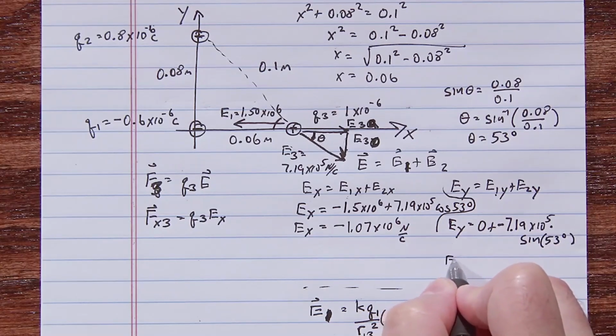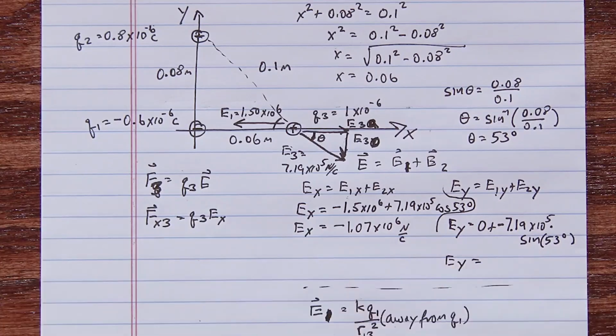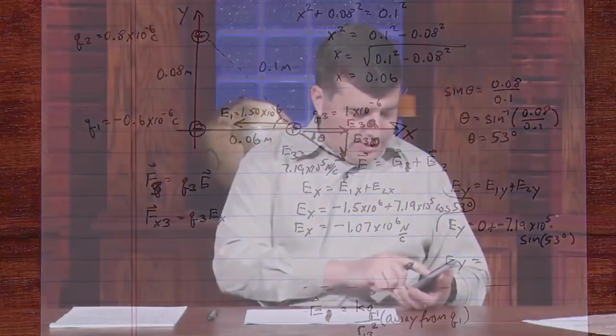And so Ey is going to be negative 7.19 times 10 to the 5 times the sine of 53 degrees.